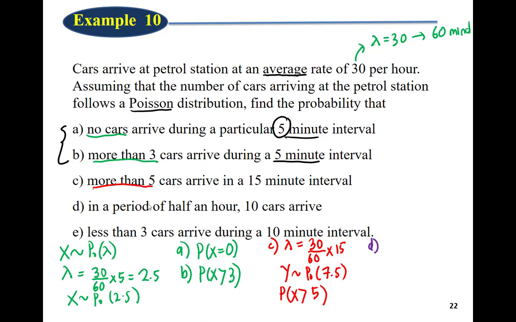In question D, half an hour is equivalent to 30 minutes. So we are going to find the lambda: 30 divided by 60 multiplied by 30.